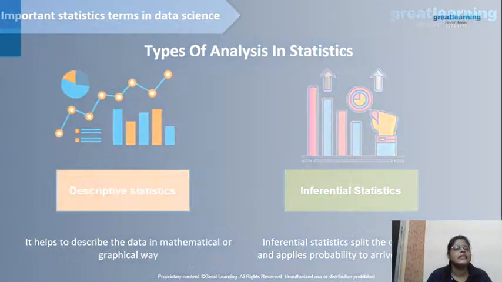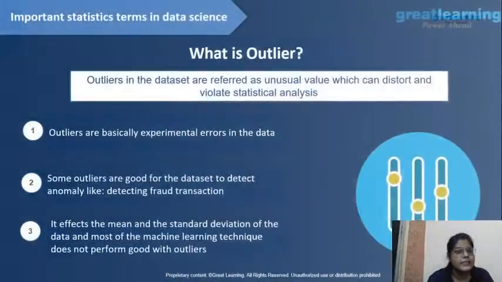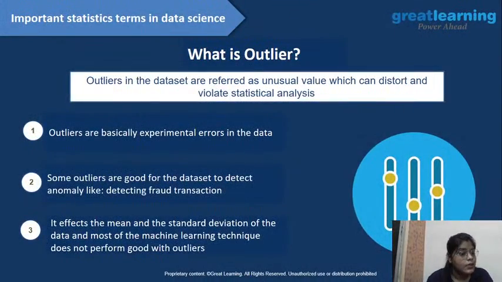Okay, so this is all about the types of analysis. Now we will talk about outliers. How many of you have an idea about outliers? Does anyone have an idea about what an outlier is?